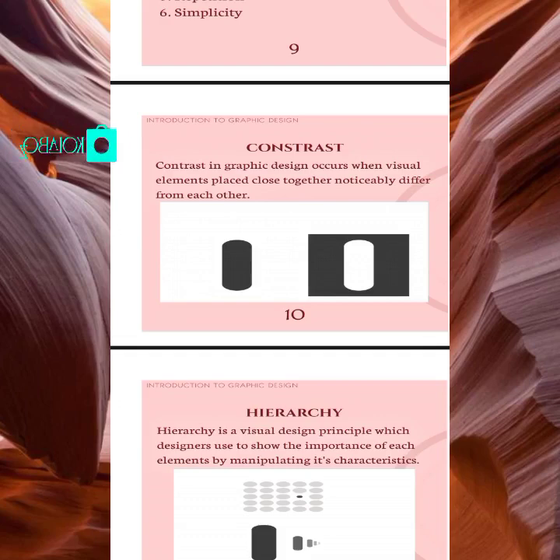You understand? It talks about the difference, the difference that is noticeable between two elements. Like this one, we have a shape on its own at the left side, and on the right side, the shape is placed on something. You know these are different.